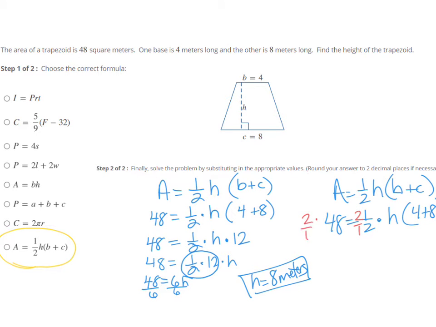If I multiply by the reciprocal, that fraction can go away. On the left side, I'm left with a 2 times 48. And then I have this H times 12, divide by the 12. Oh, H is 8. Okay, so we get to the same place, but I wanted to show you this method of multiplying by the reciprocal because we do actually do that quite often.